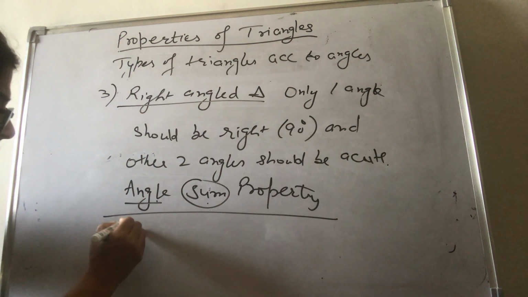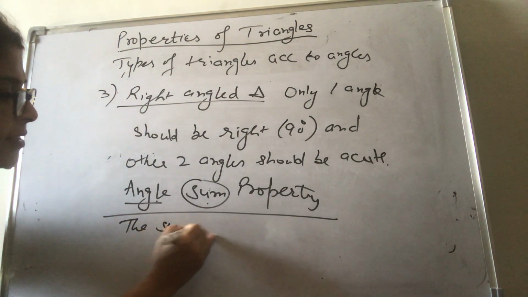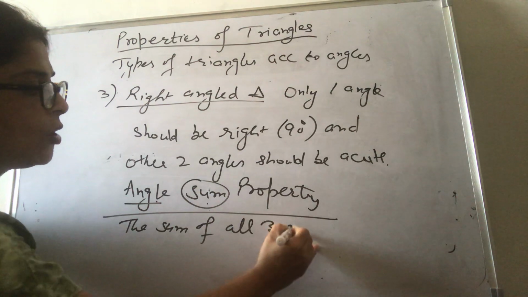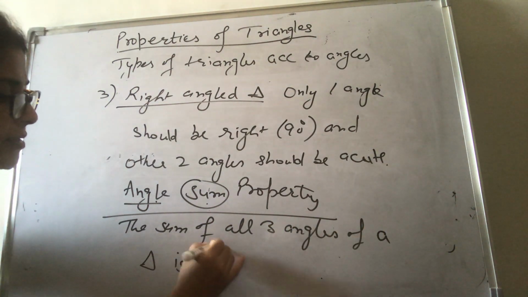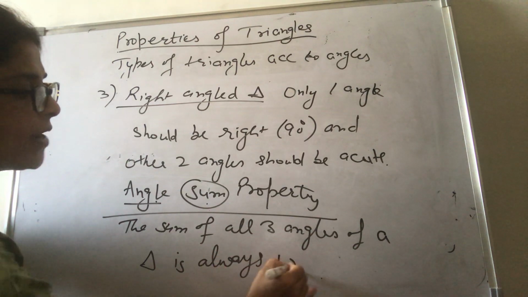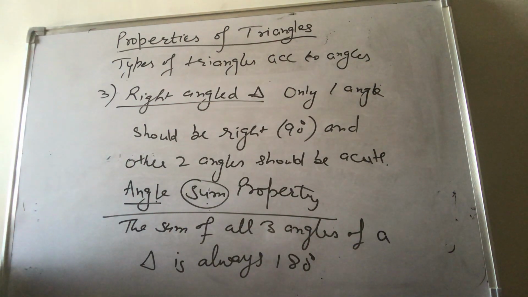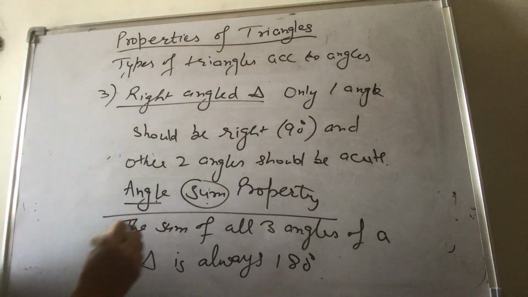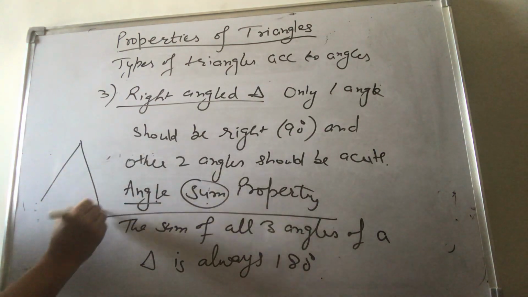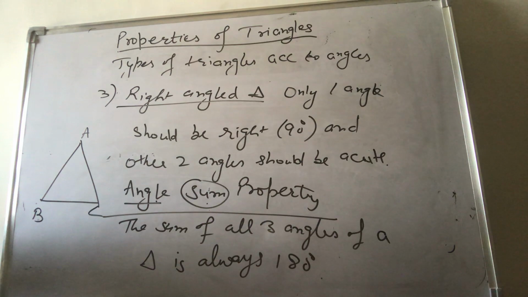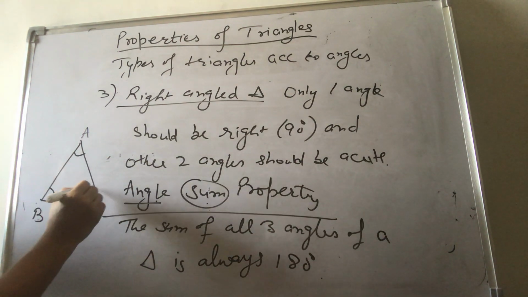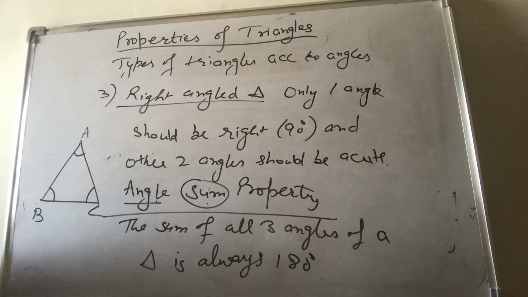So the angle sum property is that the sum of all three angles of a triangle is always 180 degrees. As we have a triangle named triangle ABC, the property will be angle A plus angle B plus angle C is equal to 180 degrees.